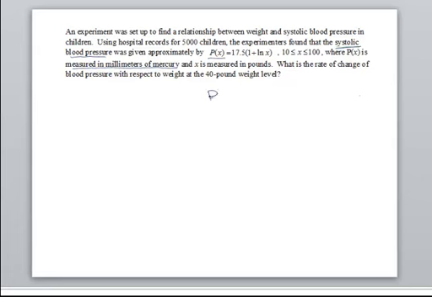So P is equal to the systolic blood pressure. And how about our variable x? x is being measured in pounds, and it's the weight of the child. So x is equal to the weight, and it is in pounds.